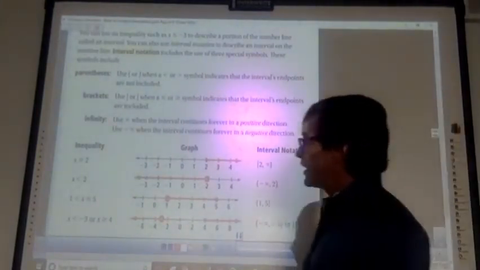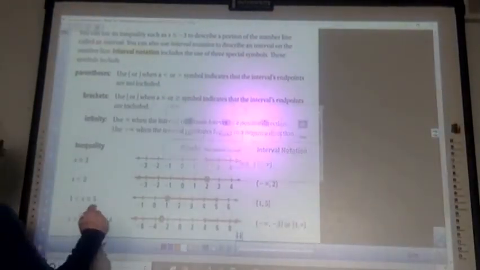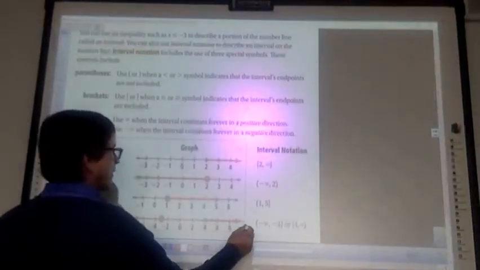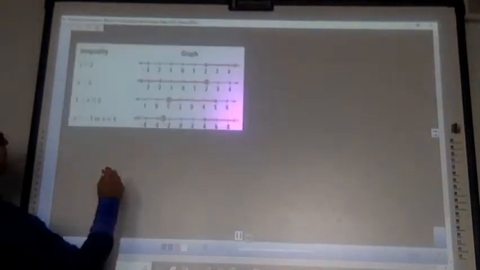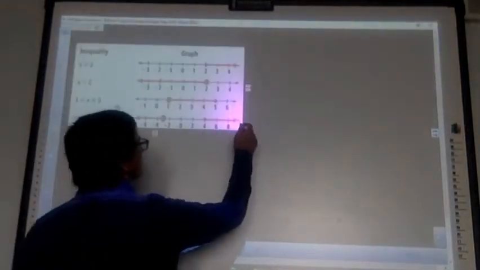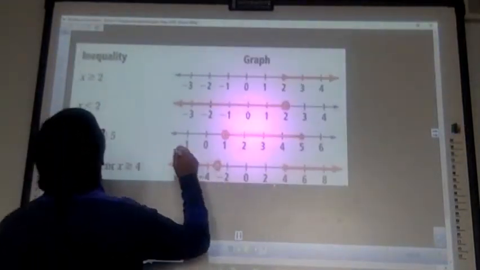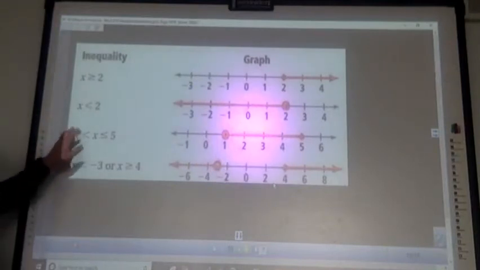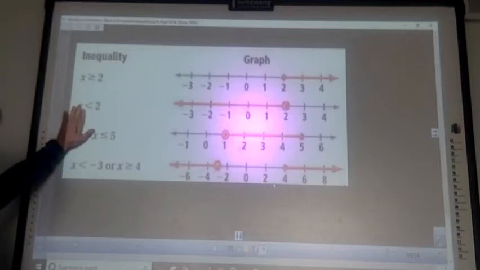Okay, so we're going to talk about this interval notation because this takes a while just because you haven't ever seen it before. So I'm just going to copy this over. Write this down.